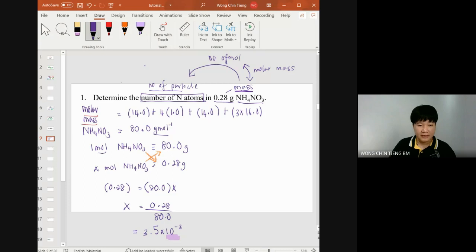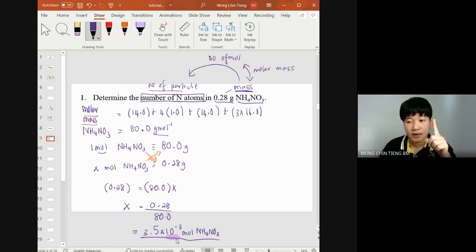So right now, your X is actually mole of NH4NO3. Jangan tinggal jawapan tak ada apa. Kena label jawapan, you will come across question. Satu soalan yang kena kira mungkin 3 number of mole untuk benda yang berasingan. So you must mention this is number of mole of siapa. Jangan tinggal jawapan tu tak ada kepala.